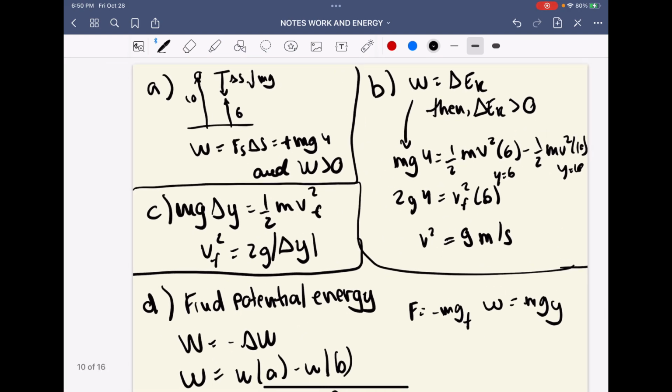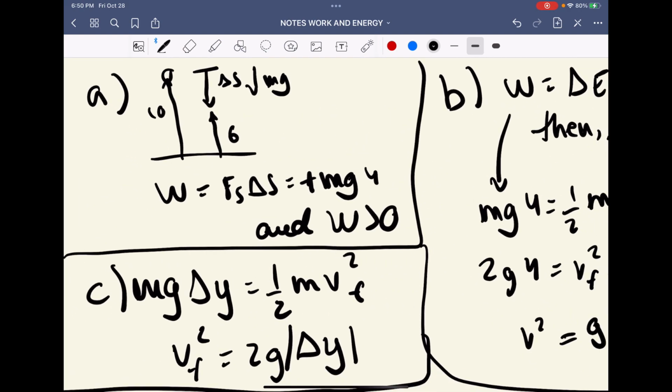Alright, so the first one is basically pretty simple. We just imagine this situation where it's going up by 10, and this is going up by 6, and the displacement is going downwards, as well as the weight, mg.